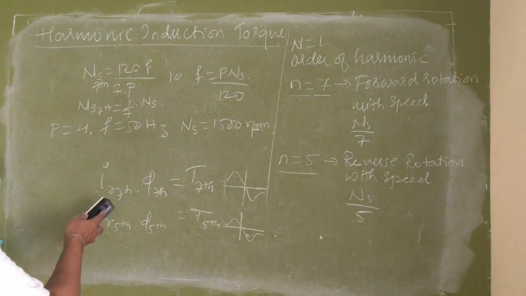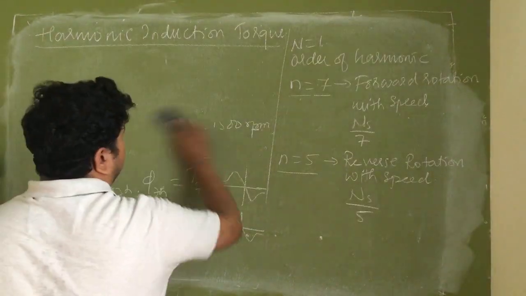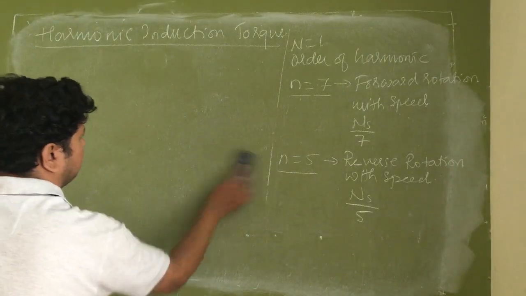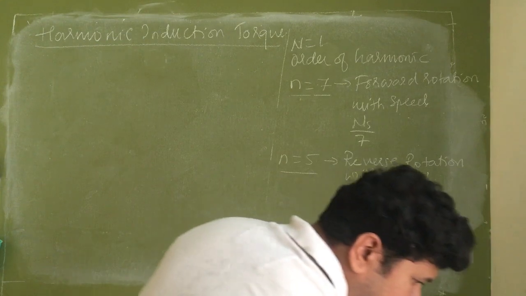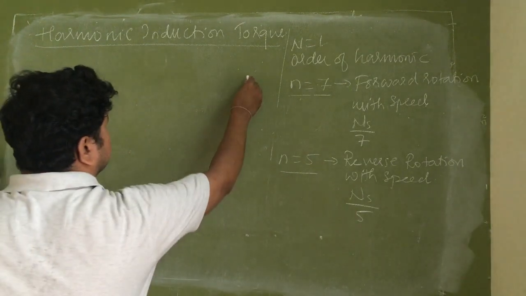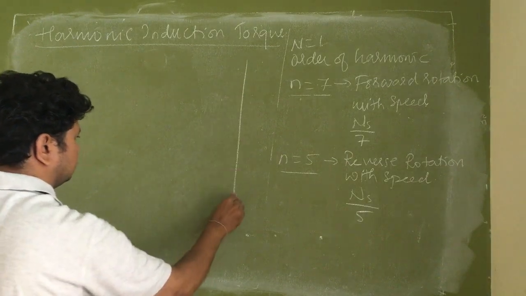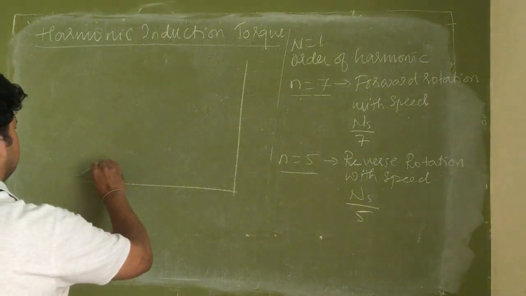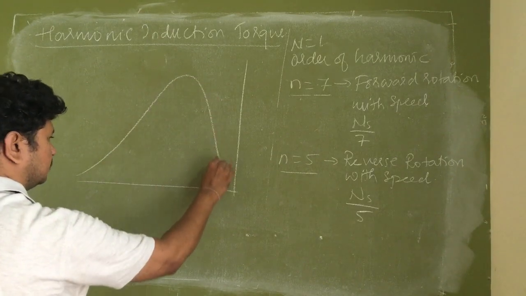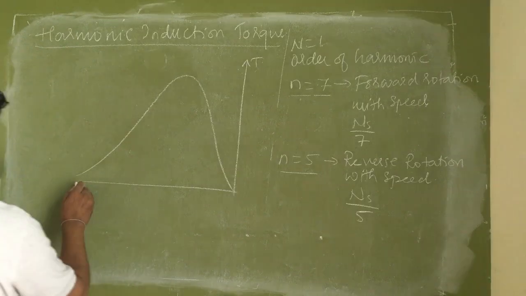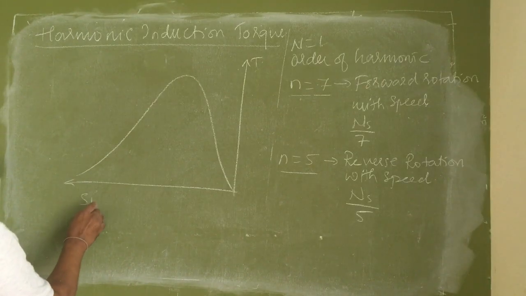Now I will draw the torque-speed characteristics only for the motor region of the induction motor. So this is torque, this is speed.